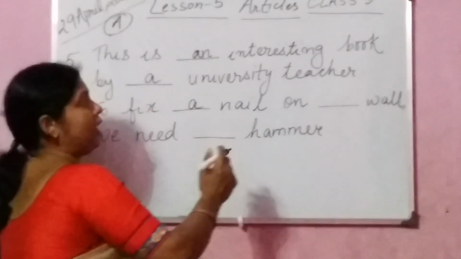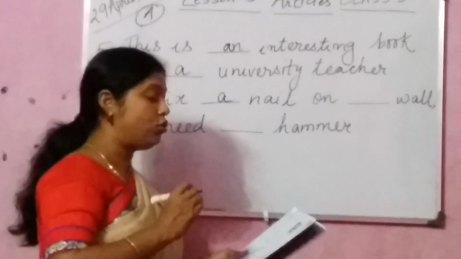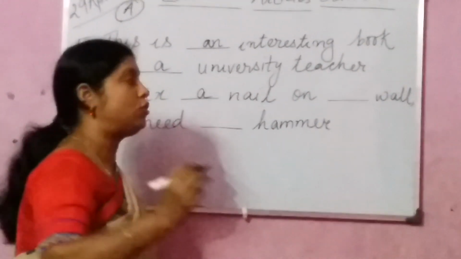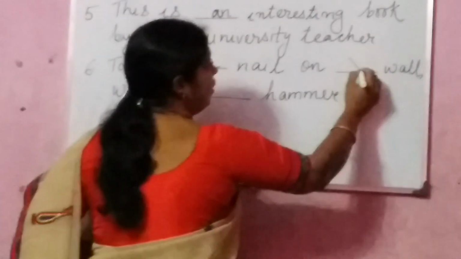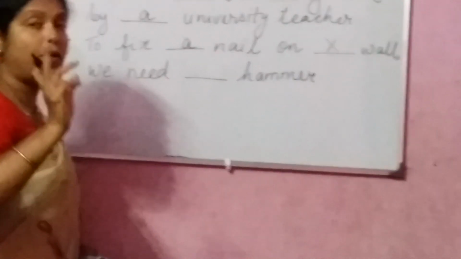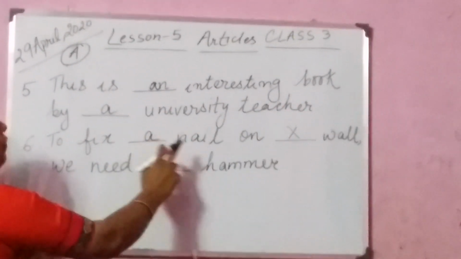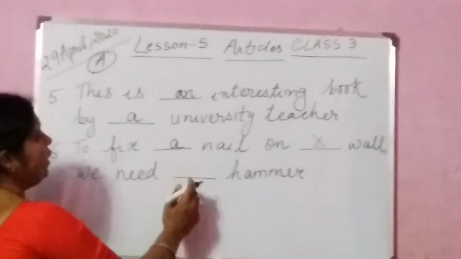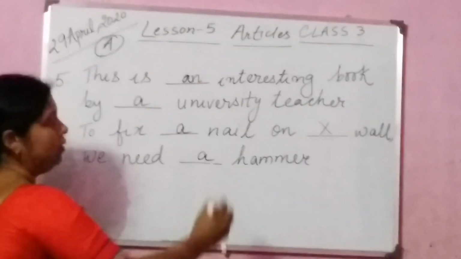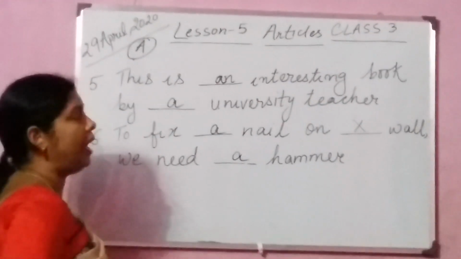So it can be the, but in this exercise they have asked us to fill with a or an. So we are not going to use anything here, okay? Because here we are talking about a specific wall. So we will put a cross there. To fix a nail on wall, we need a hammer.